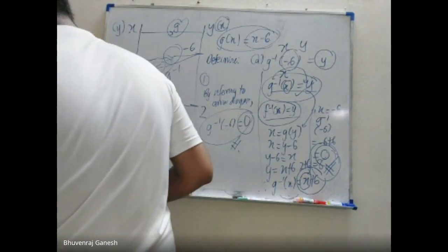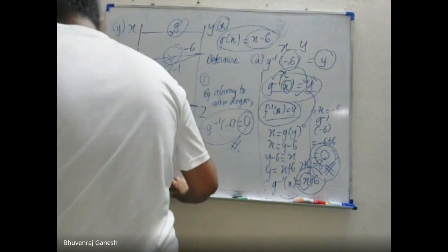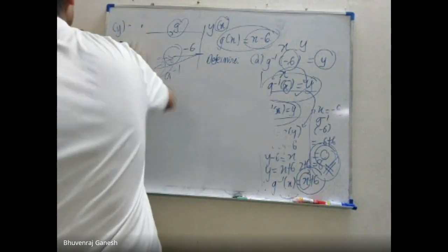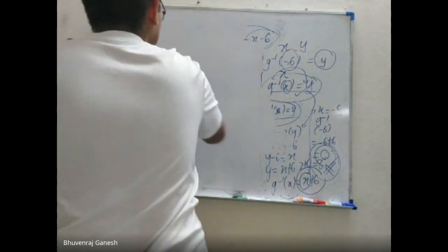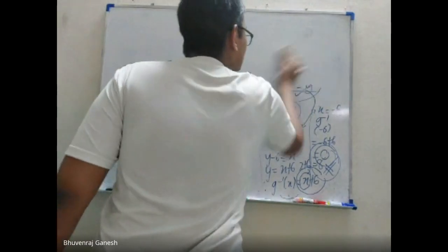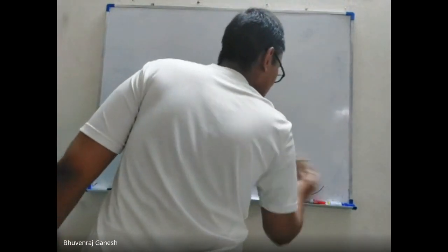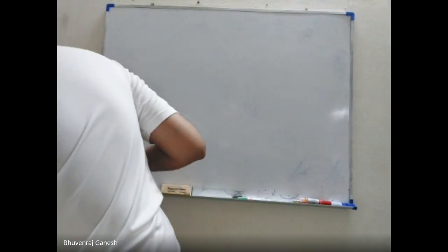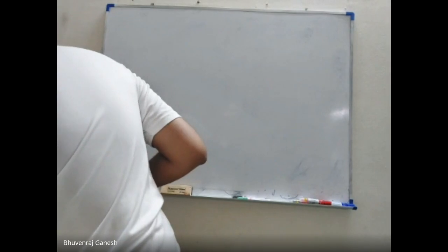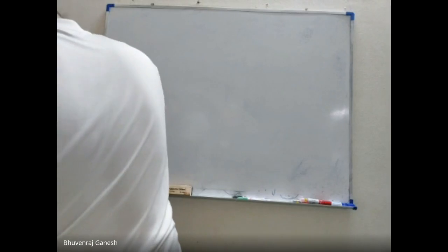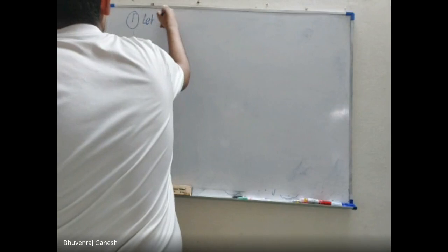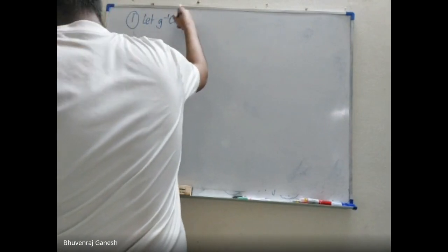So let's say I'll summarize the steps here first. The first step we do when doing inverse function is we let g inverse x equal to y.